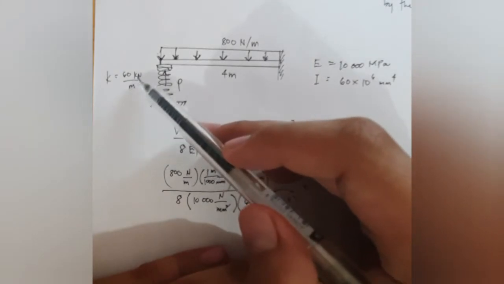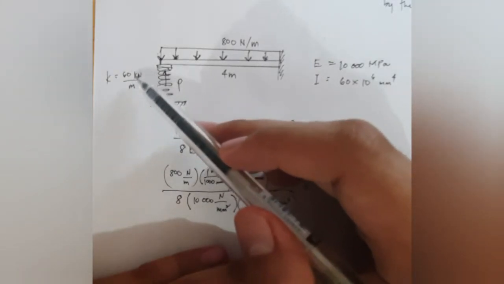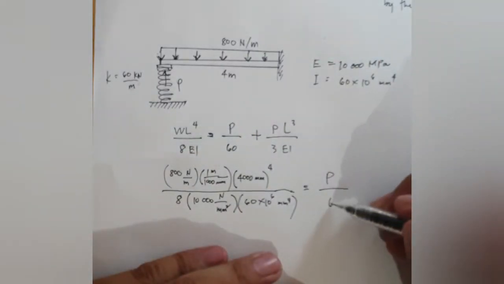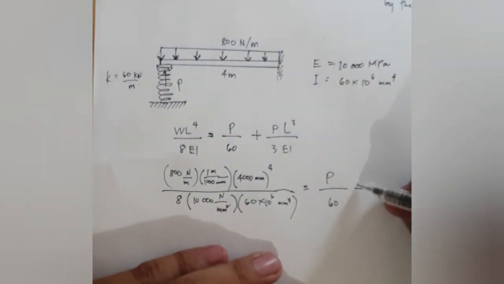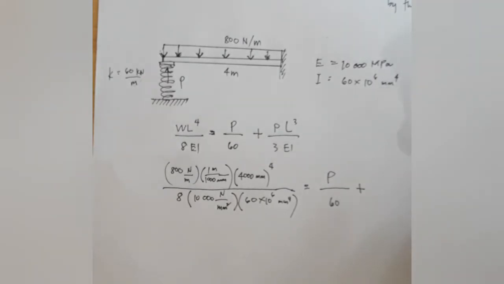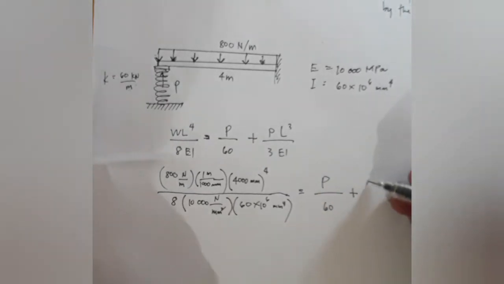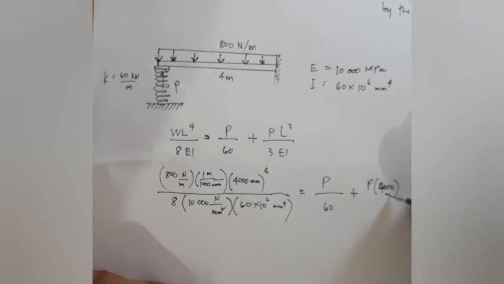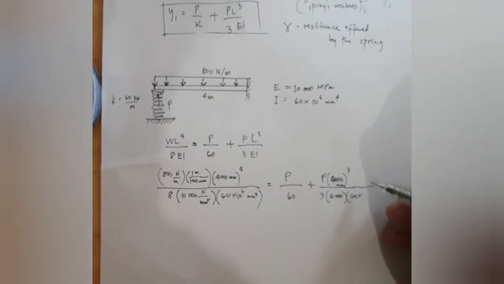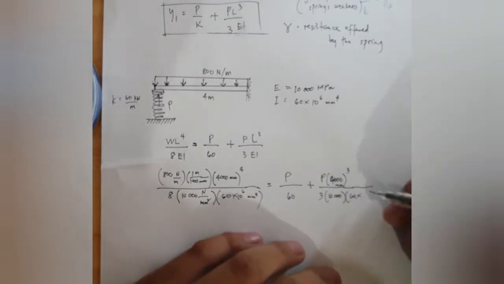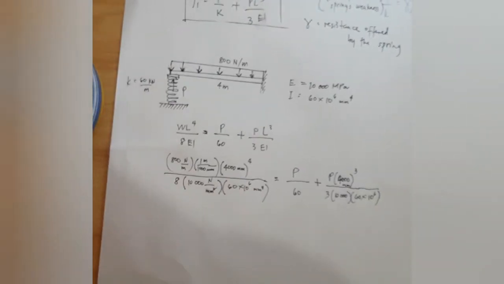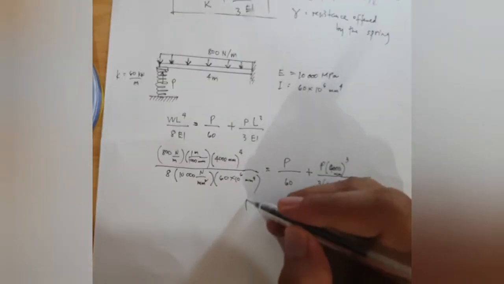Converting kilonewton per meter to newton per mm, that is 60 newton per mm. Plus P, L is 4,000 mm cubed over 3 times 10,000 times 60 times 10 to the 6. Okay, so we only have one unknown.